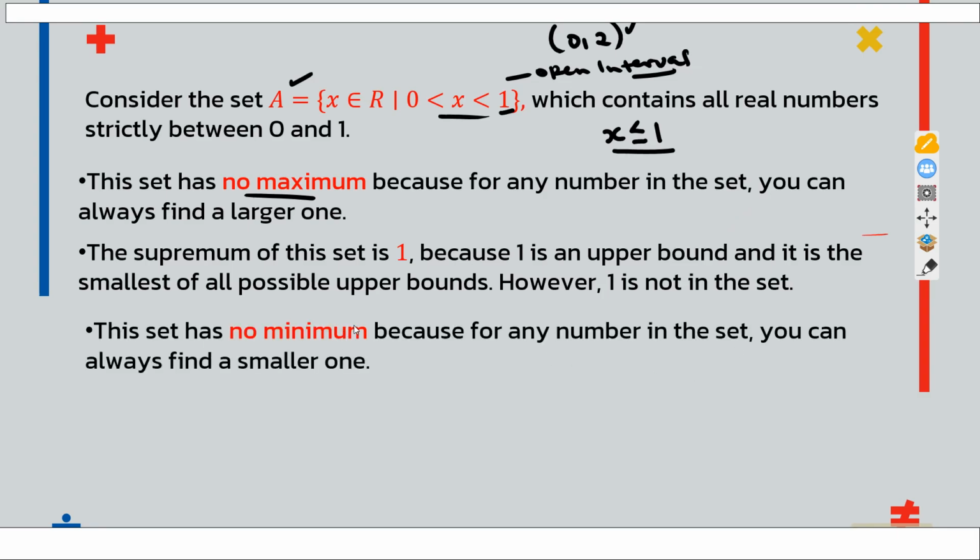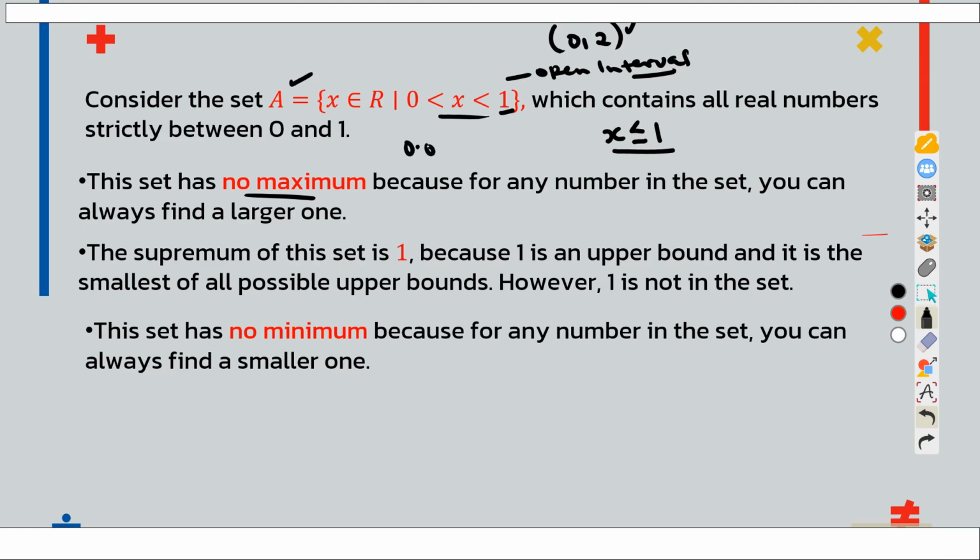Next, this set has no minimum, because for any number in the set, you can always find a smaller one. We are saying 0 is not part of the set, so 0 cannot become the minimum. But in case you think about any other number above 0 as the minimum, you will always find another smaller number.